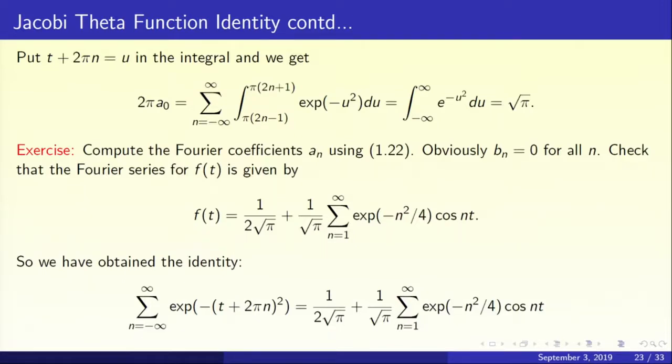So you get 2 pi a naught equals summation n from minus infinity to infinity, integral pi times 2n minus 1 up to pi times 2n plus 1 e to the power minus u squared du. Now these integrals will simply add up to an integral from minus infinity to infinity e to the power minus u squared du. Lo and behold, we have the Gaussian and the value is root pi. So we know immediately a naught. A naught is 1 upon 2 root pi.